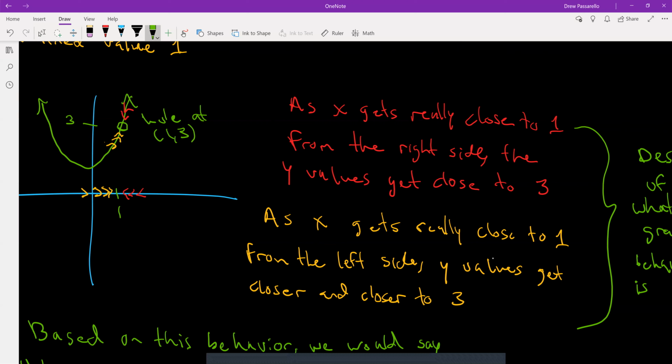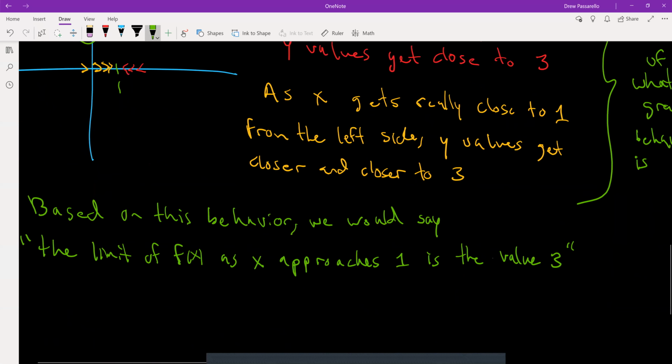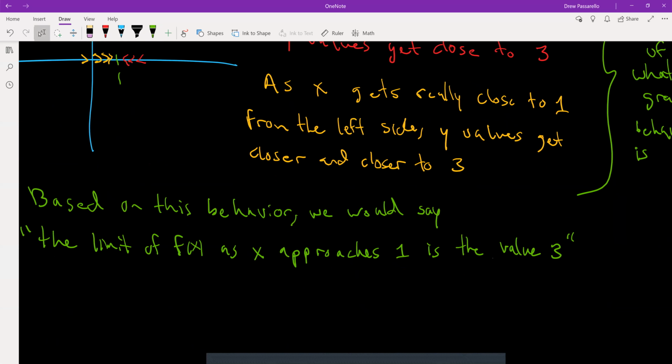If you're going from the left side, the yellow arrows are getting closer and closer to the hole. And the hole has a y coordinate of 3. So even though there's a hole, it's still a limit. Just, the limit is the description. It is saying that as x gets closer to 1, the limit is going to be 3.